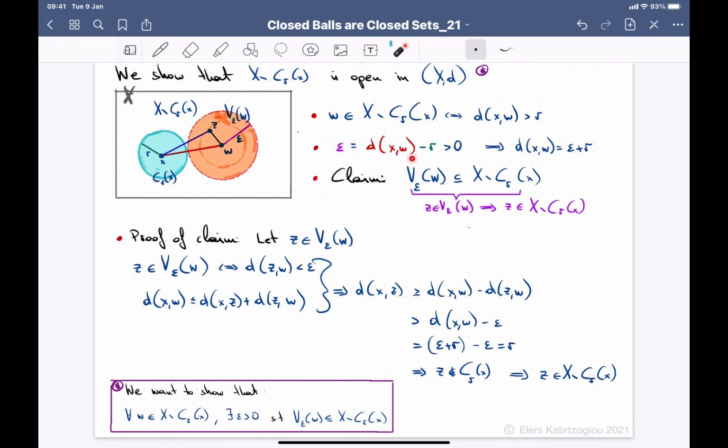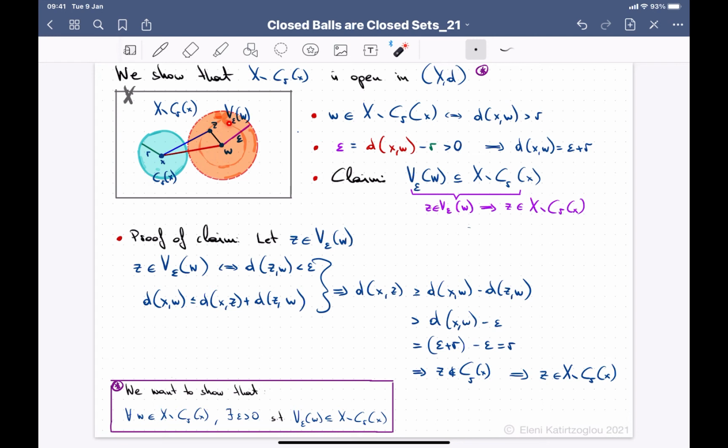Now, from this equality, we also see that the distance between X and W is R plus our newly found epsilon.